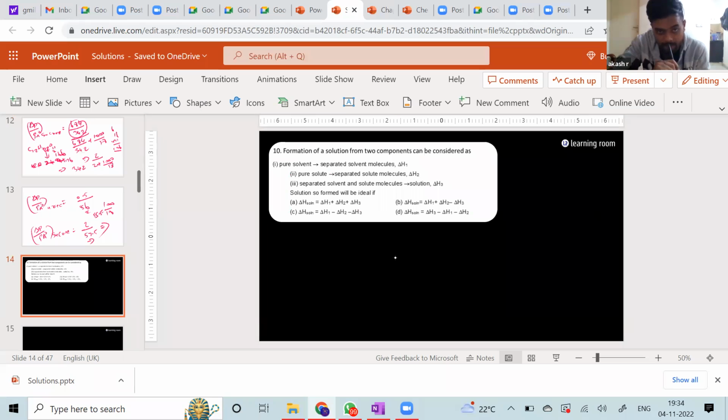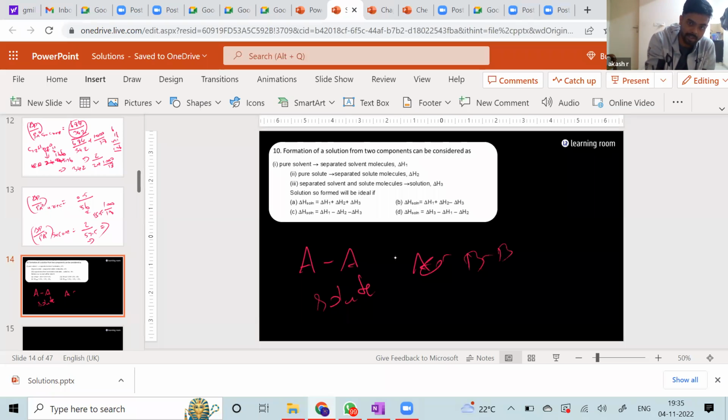Next: formation of a solution from two components can be considered as: pure solvent to separated solvent molecules, delta H1; pure solute to separated solute molecules, delta H2; and separated solvent and solute molecules to solution, delta H3. Now, when you want to make a solution, say A is your solute and B is your solvent, and obviously in your solution we are going to have AB interactions.